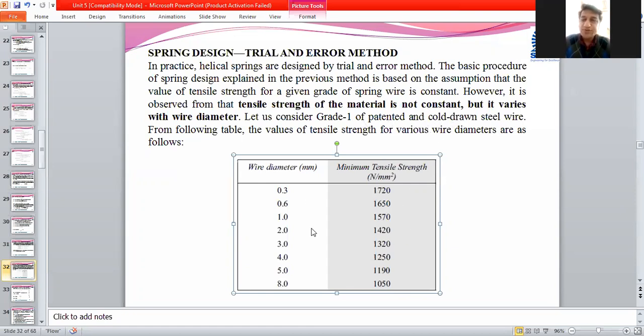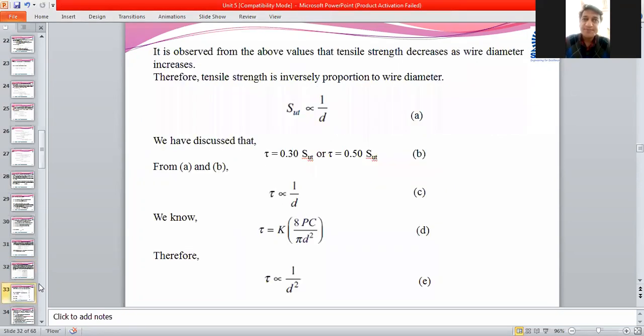So we have to assume these changes in tensile strength in practice as they change with the wire. So what can we do for this? For this, I'll move to the next slide, where we are going to find some relationships, and based on those relationships, you can directly jump to finding the diameter of that wire.